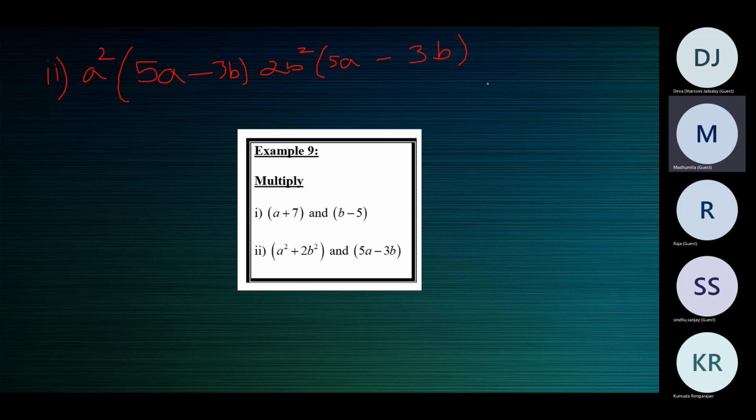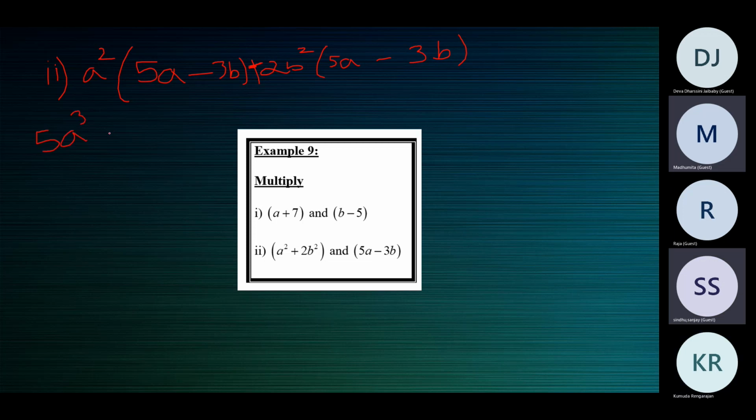Ma'am, we're supposed to add both of them, ma'am. But if we don't put any sign, it means it becomes multiplication. Yeah, so that plus 2b square is very important. So what happens? What is a square into 5a? Please multiply and tell. 5a cube, ma'am.